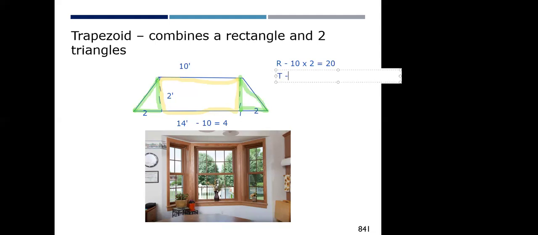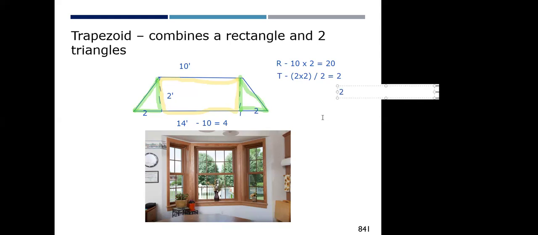We know the triangle is length times width, divided by 2. So 2 times 2 is 4, divided by 2 is 2. We have 2 triangles.